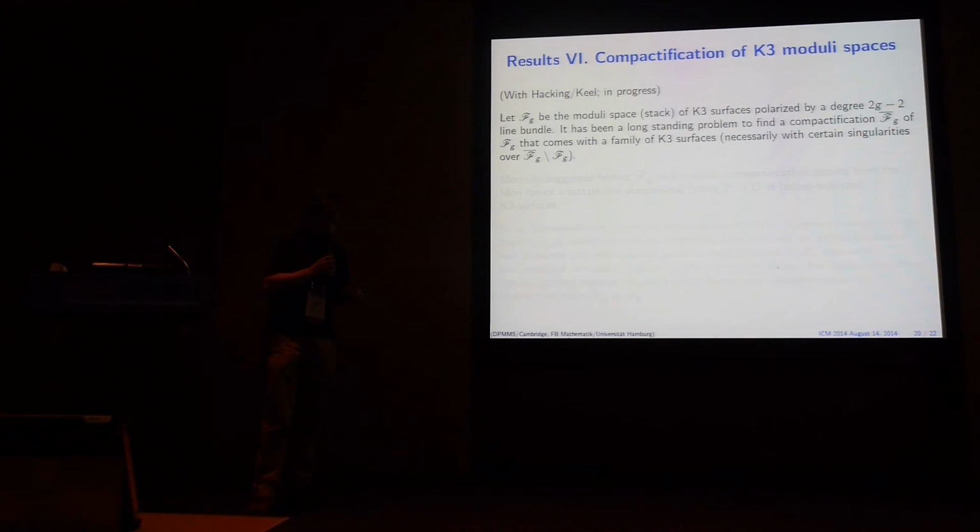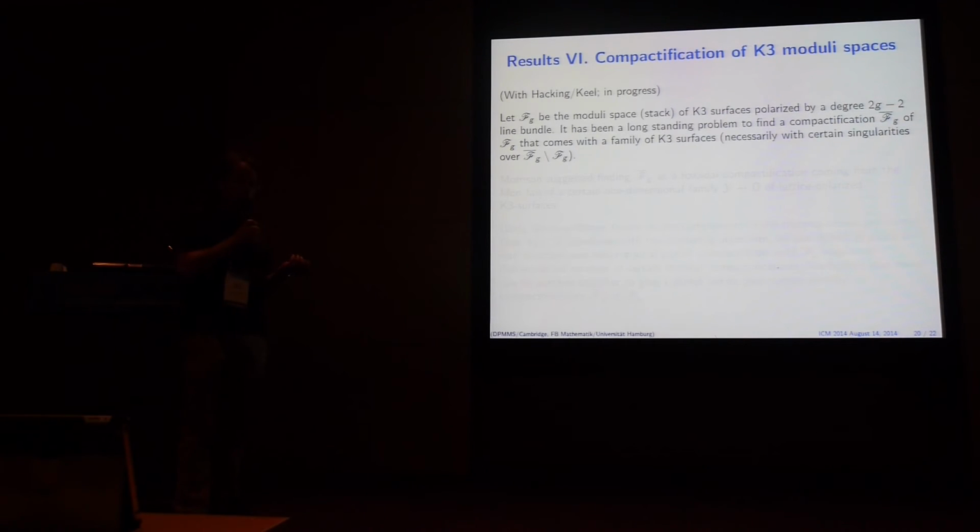Okay, so another piece of work which we alluded to earlier is ongoing work with Paul Hacking and Sean Keel, trying to apply some of these ideas to compactifications of moduli of K3 surfaces. So for example, you could start with the moduli stack of K3 surfaces polarized by some line bundle of degree 2g minus 2, call this moduli space Fg.